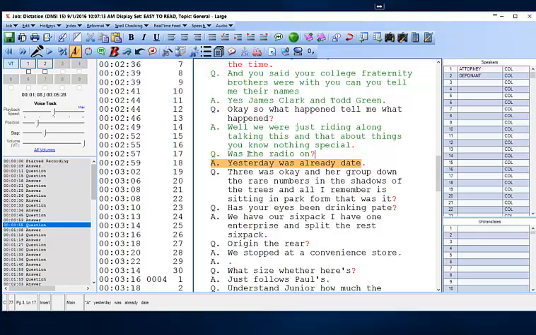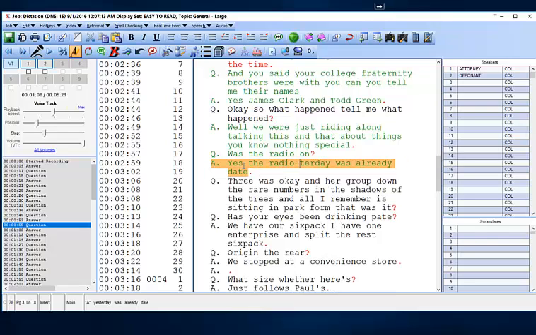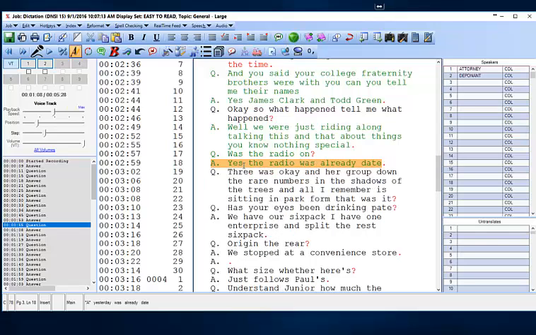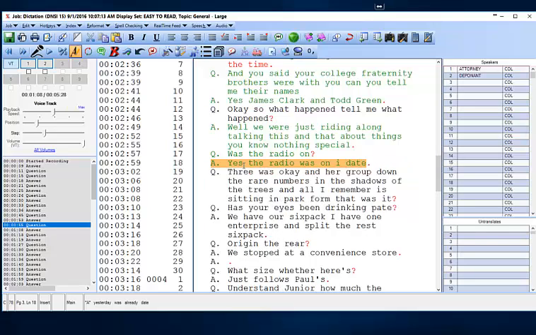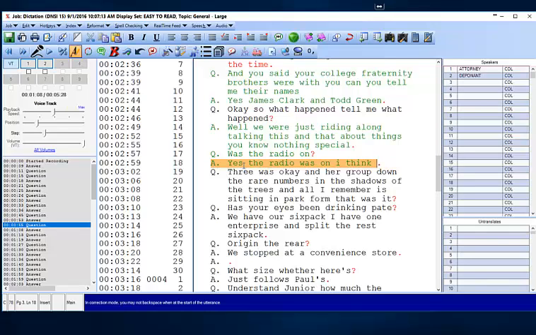Yes, the radio was on, I think. Because I didn't have a space between the two words, Control D deleted both words. I'm going to be careful about that.